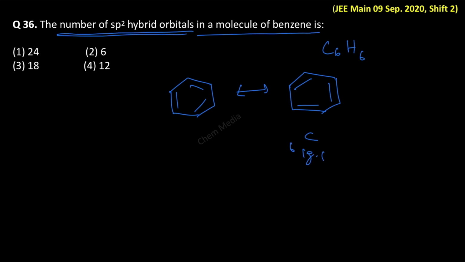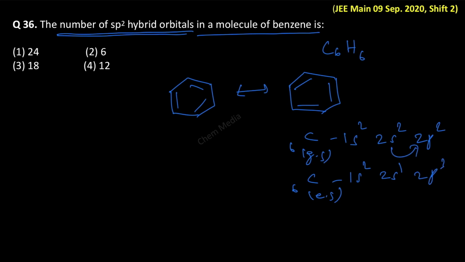Carbon in the ground electronic state has the electronic configuration 1s2, 2s2, 2p2. In the excited electronic state, the electronic configuration is 1s2, 2s1, 2p3. One electron from 2s would jump to 2p in the excited electronic state, and the atomic orbital of 2s gets mixed up with 2 of the atomic orbitals of 2p.